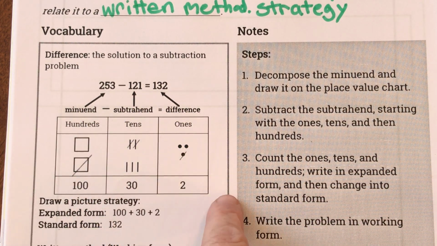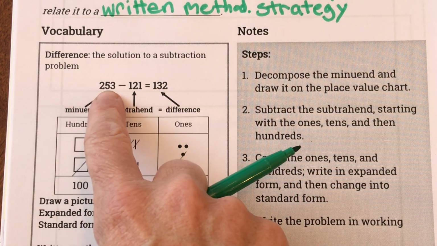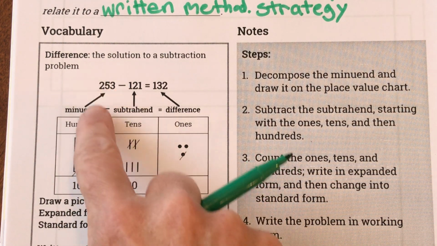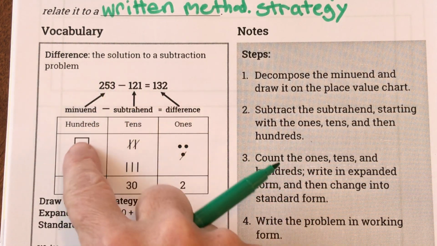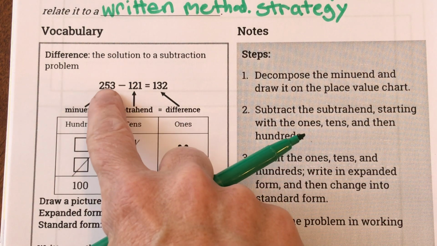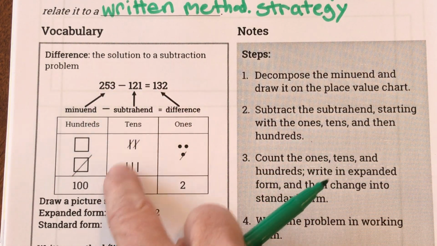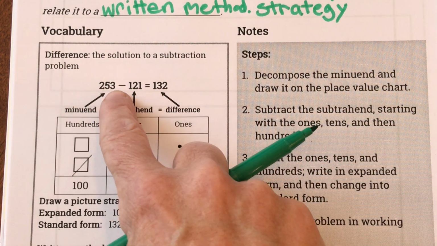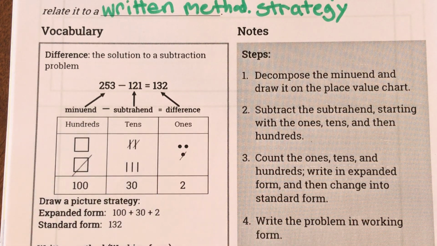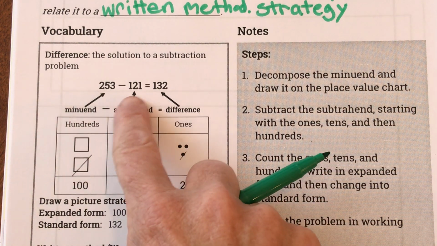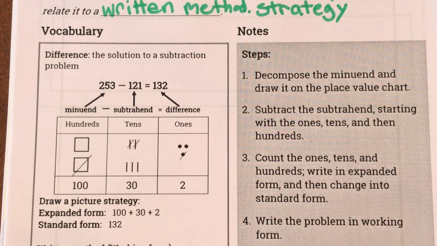So in the place value chart, we start by drawing our minuend. So they drew 2 hundreds, 1, 2. They drew 5 tens, 1, 2, 3, 4, 5, and they drew 3 ones. And then what they did is they subtracted. So when you subtract, and you'll hear me say this many times, we always start with our ones column.